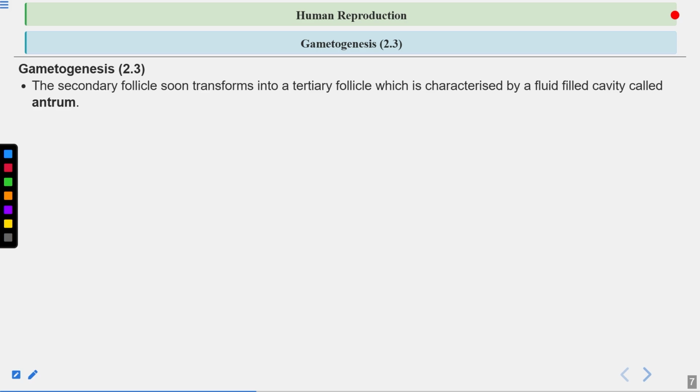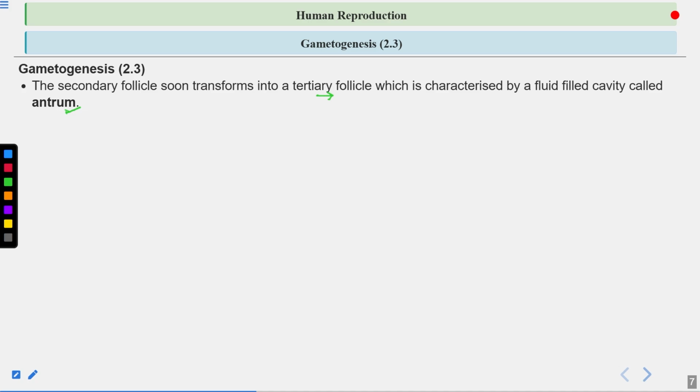Now, the secondary follicle soon transforms into a tertiary follicle, which is characterized by a fluid-filled cavity called the antrum. Okay, so you can see antrum is a characteristic feature of the tertiary follicle. The question can come from here. Antrum is present in which follicle? So we'll say antrum is present in the tertiary follicle.